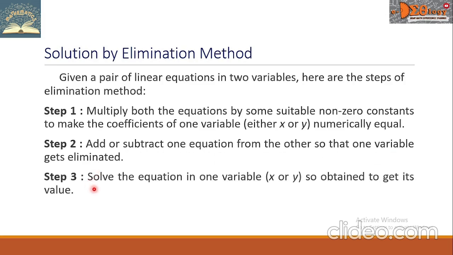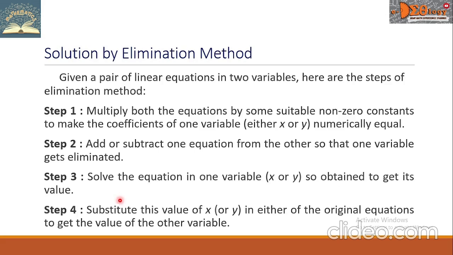Step 3. Solve the equation in one variable, x or y, so obtained, to get its value. Step 4. Substitute this value of x or y in either of the original equations to get the value of the other variable.